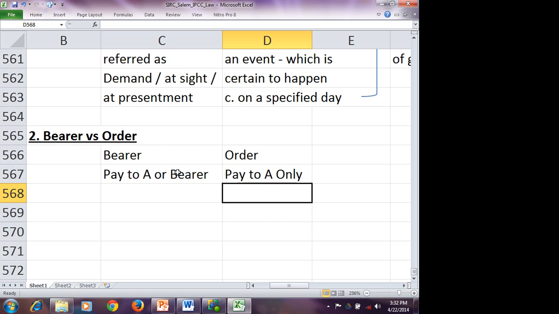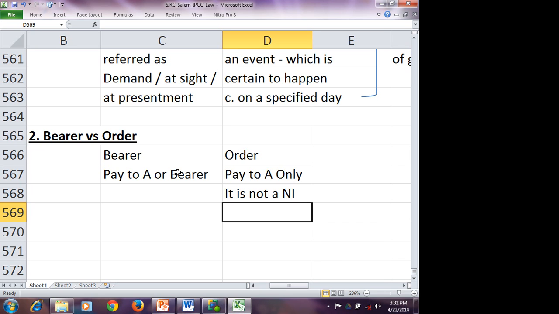I say just pay to A only. I draw an instrument by which I say pay to A only. What happens? It is not a negotiable instrument at all, because it restricts the very character of an instrument of negotiability or transferability.